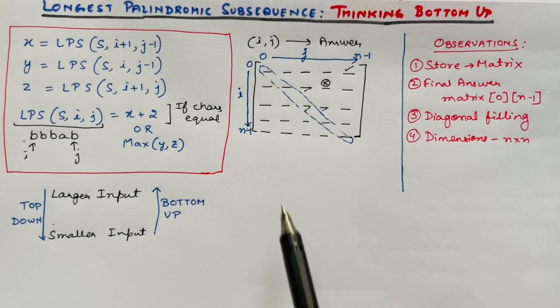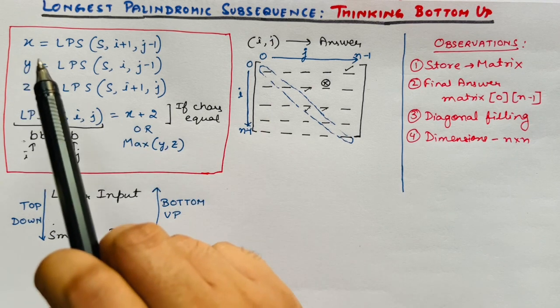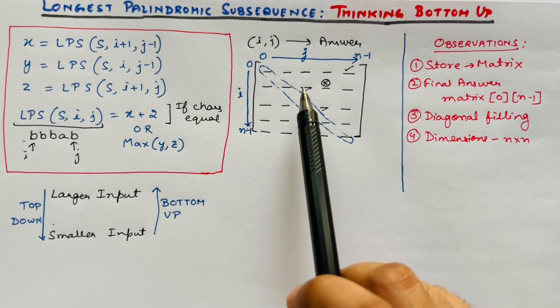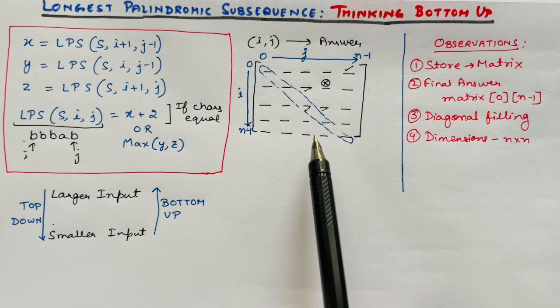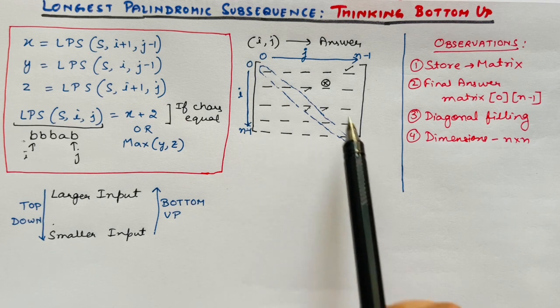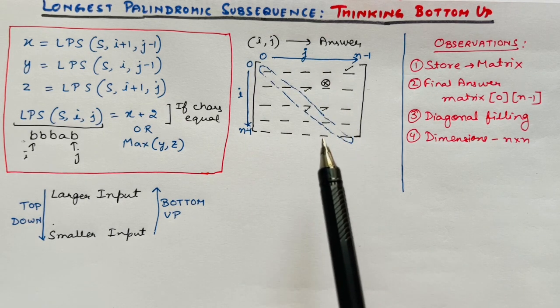We know that to fill the value at a particular I, j, we need these three elements x, y and z. Now these three correspond to these three elements on the matrix. Now we know that we have filled this matrix diagonally. Every diagonal corresponded to a particular length of the string.